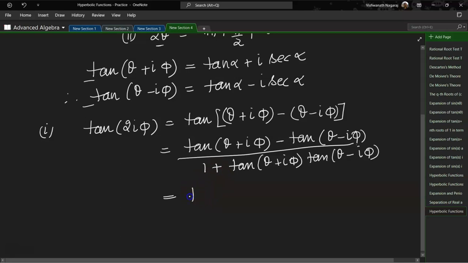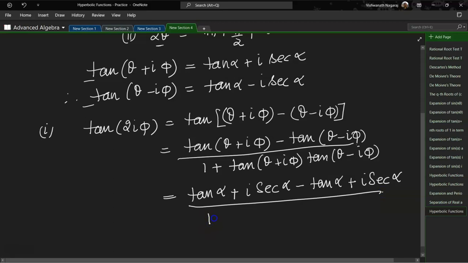Substituting, we get tan alpha + i sec alpha, minus (tan alpha - i sec alpha), minus into minus plus i sec alpha, divided by 1 plus (tan alpha + i sec alpha) multiplied by (tan alpha - i sec alpha).